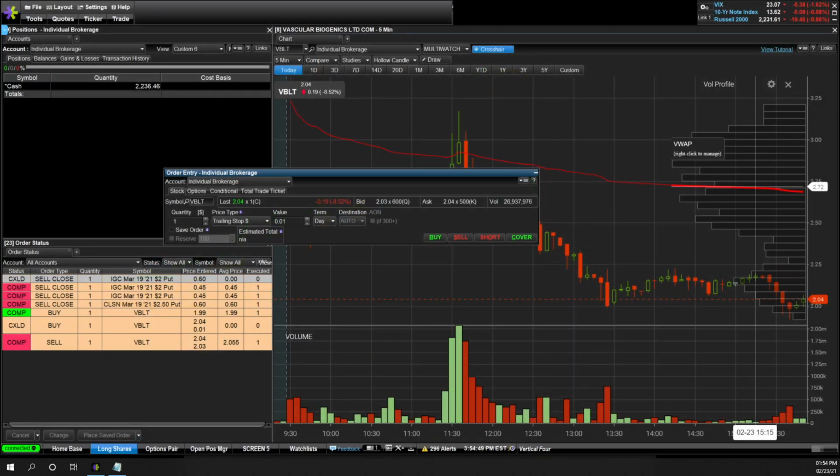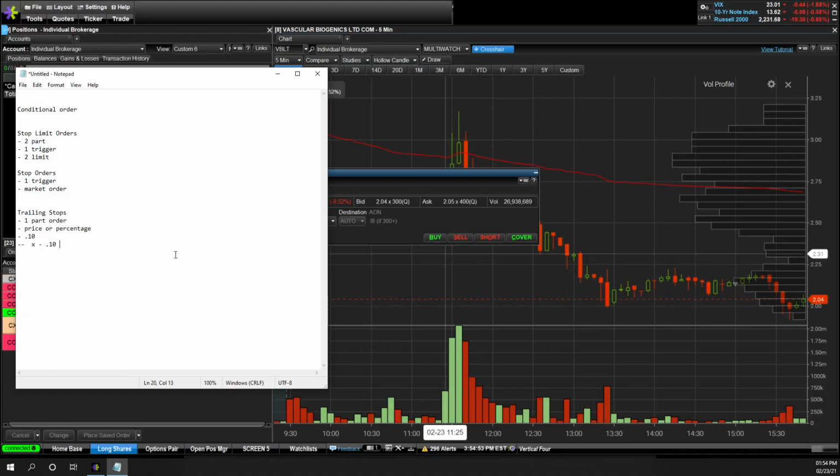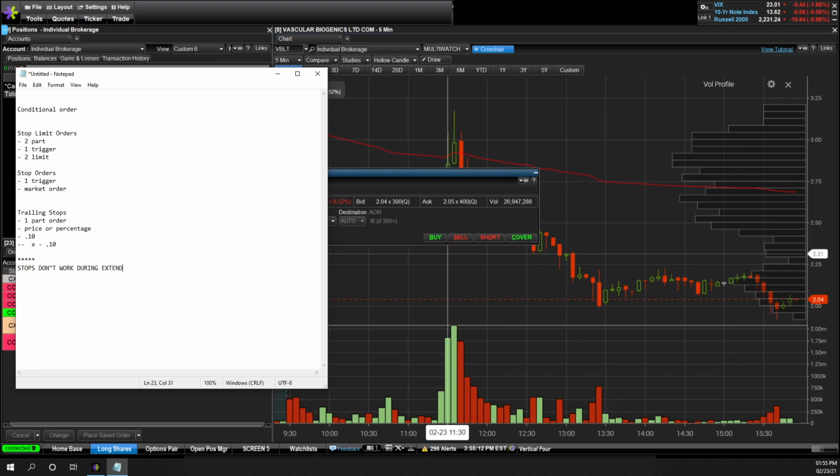So there is something very important to know, especially with E-Trade. As far as I know, at this time, on February 23rd, 2021, E-Trade does not honor stops during extended hours. So stops don't work during extended hours, friends. So that's something to keep in mind, right?